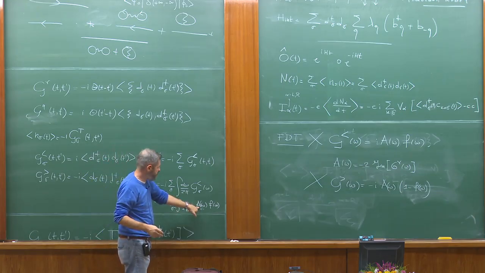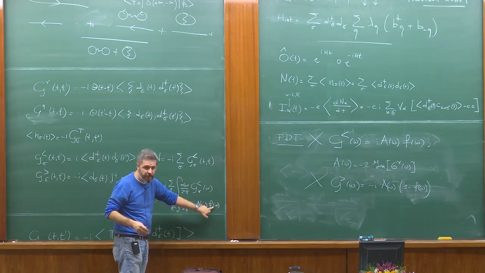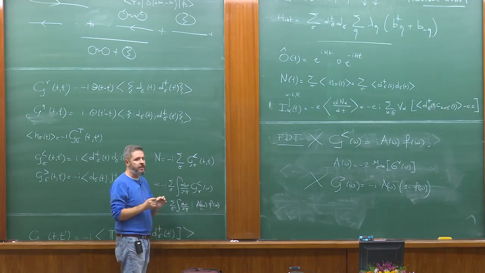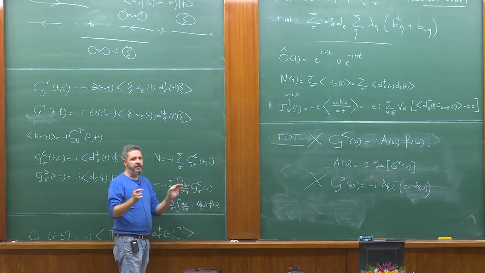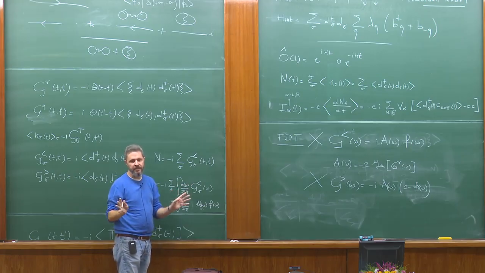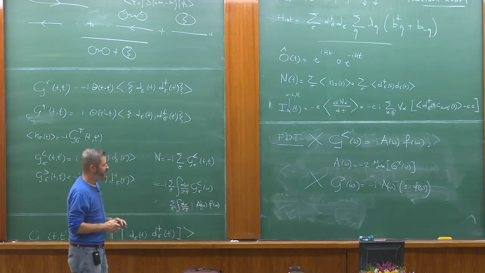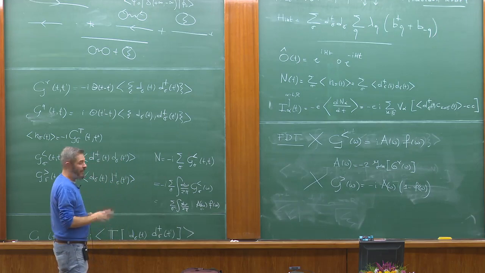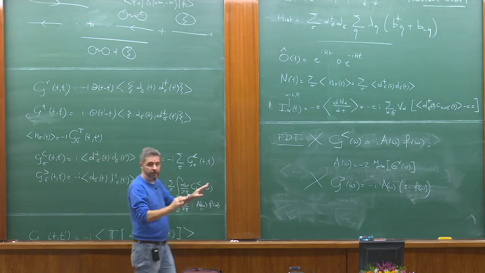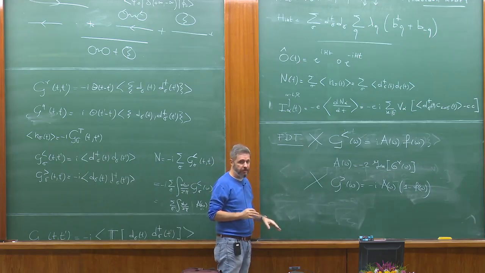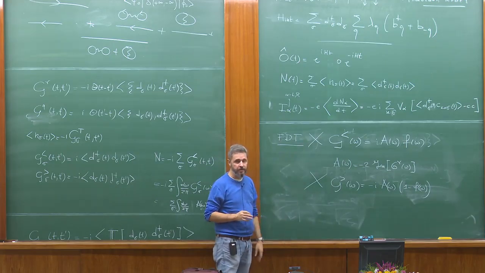So I compute the spectral density, multiply it by the Fermi function, and I have the number. The spectral density is the equivalent of the local density of states in classical physics, in a sense, even in quantum physics. So all of this doesn't work anymore out of equilibrium. You're done. You cannot use these two things.